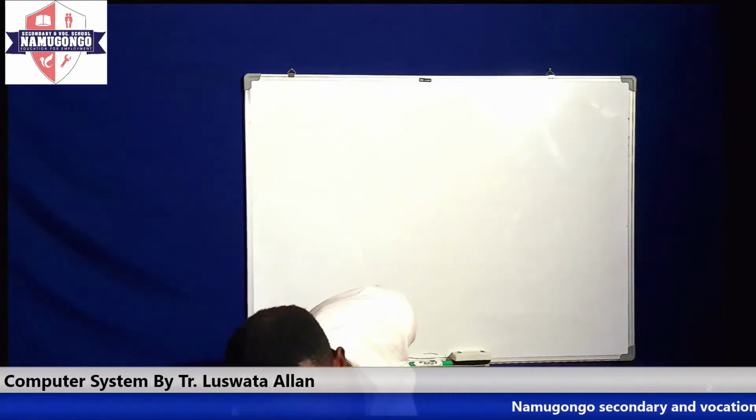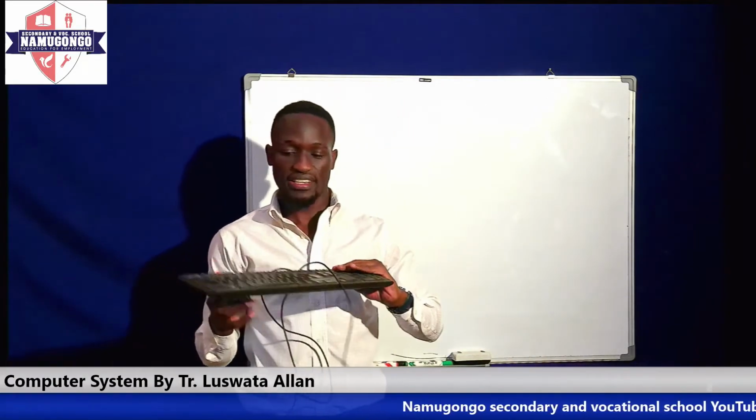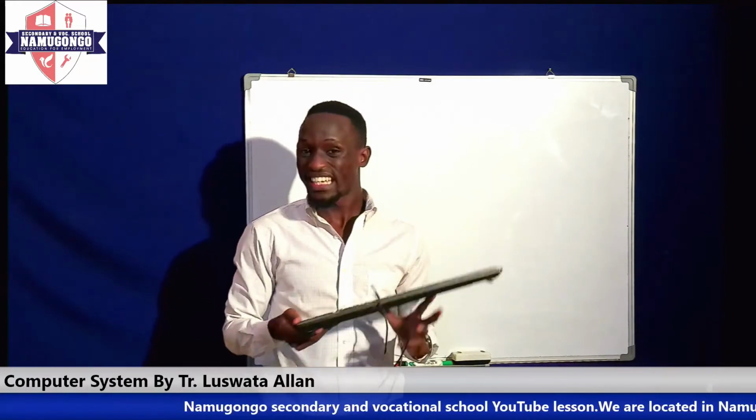For instance, I will need a keyboard, something like this. It has the letters I want to feed in. It has the letters that make up the words that I want to put in my data. So I will need this keyboard as an input device.